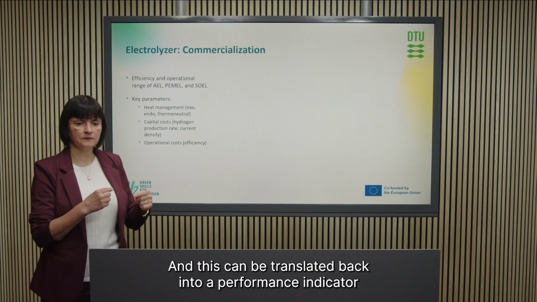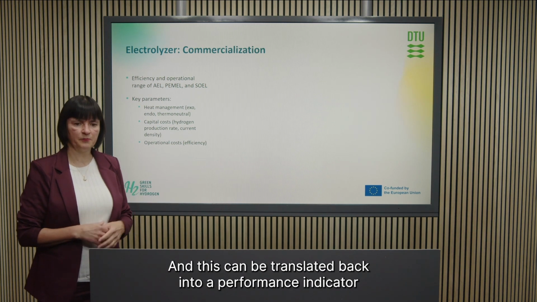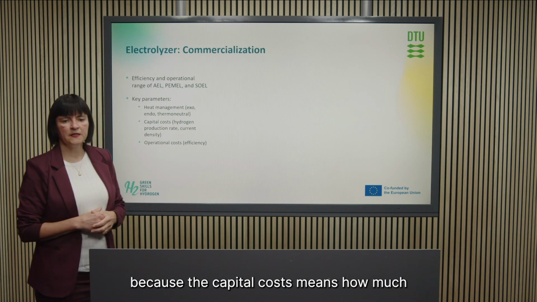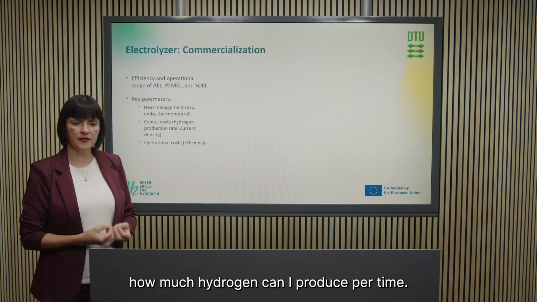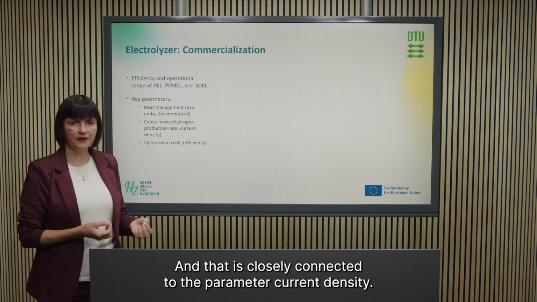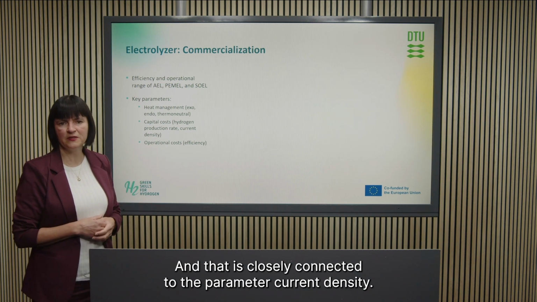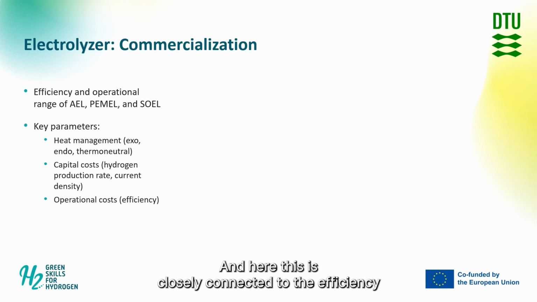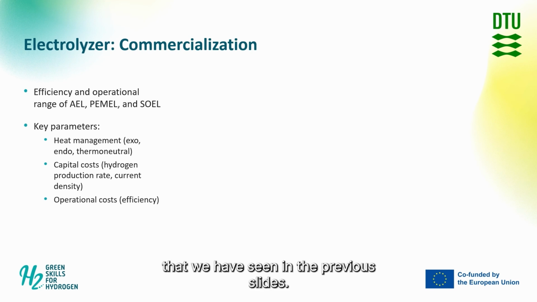And this can be translated back into a performance indicator, because the capital costs means how much hydrogen can I produce per time, and that is closely connected to the parameter current density. And the final parameter I've listed here is the cost of operating the system, so the running costs, and this is closely connected to the efficiency that we have seen in the previous slides.